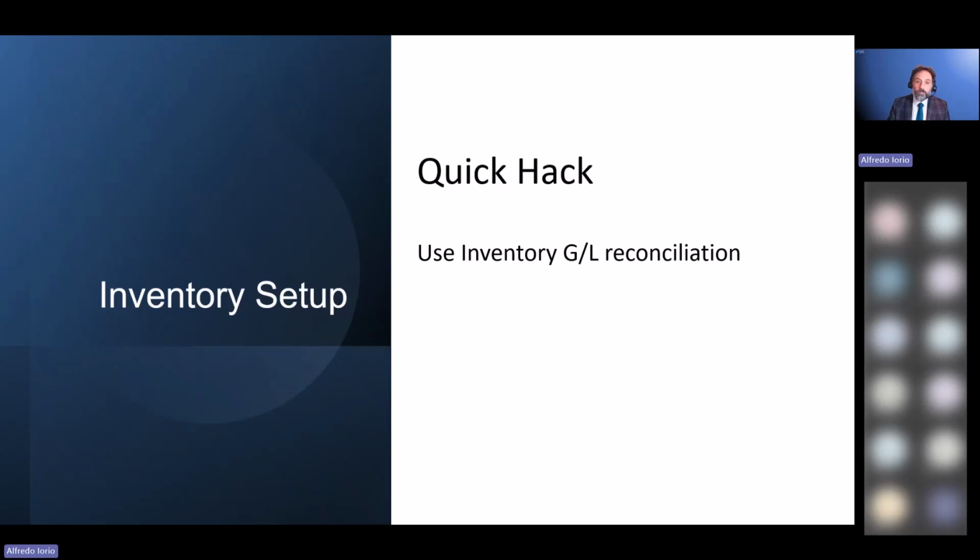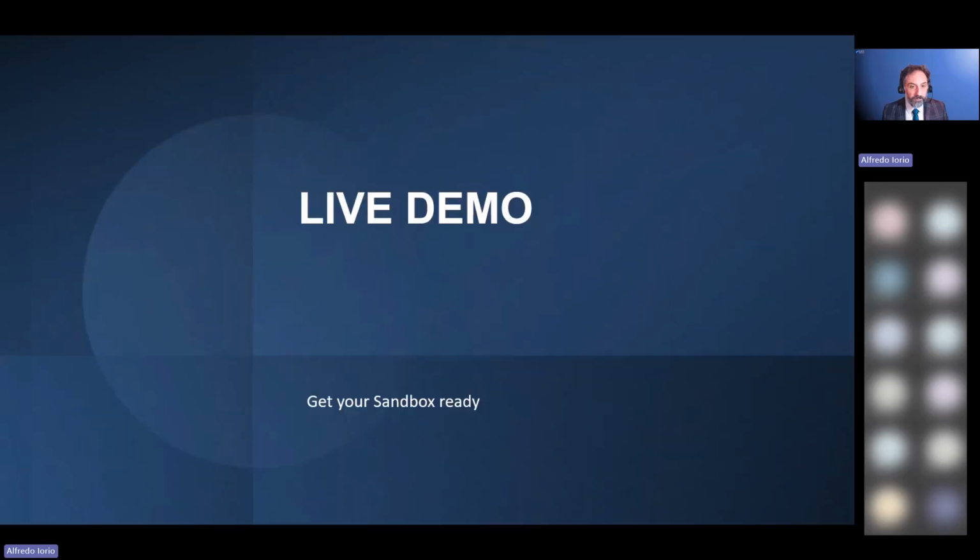Quick hack, use inventory GL reconciliation, which is a page in Business Central that is not used enough. It is arguably the most powerful and comprehensive place in Business Central where you can check your items.